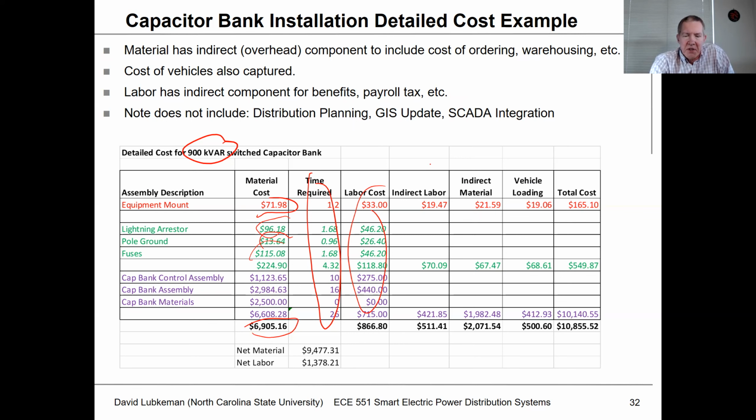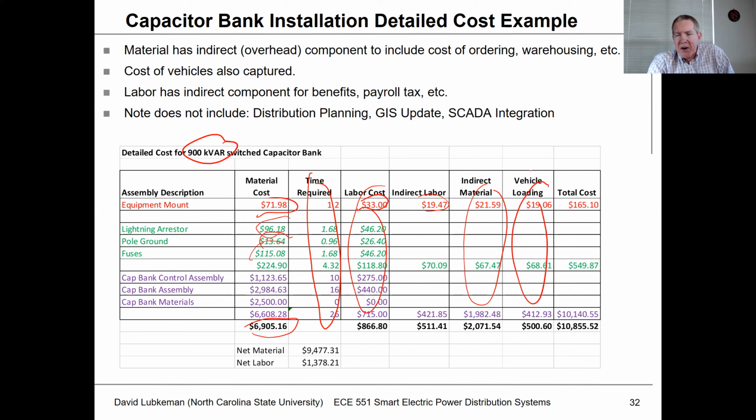So this is what you might pay the person, but there are additional costs, which are indirect costs, which are overhead. And then the material itself would have to be stored in a warehouse, and somebody has to order it, and somebody has to track it. So there's an indirect cost associated with that. There's an overhead associated with just having the parts. And then your vehicle costs you money as well. If you have a truck that goes out there, you have to pay for the truck, right?